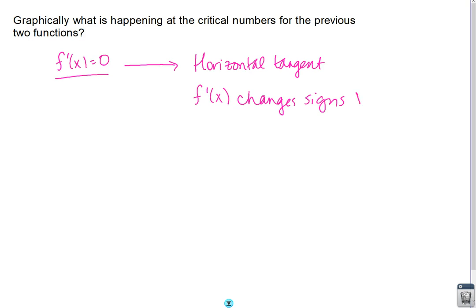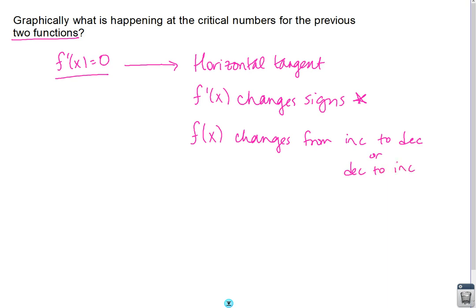So I'm going to put a little star right here. Sometimes it happens. It doesn't always happen. It just happened for these 2 functions, and that's what they're asking about. With that, because this is changing signs, f of x changes from increasing to decreasing and vice versa.